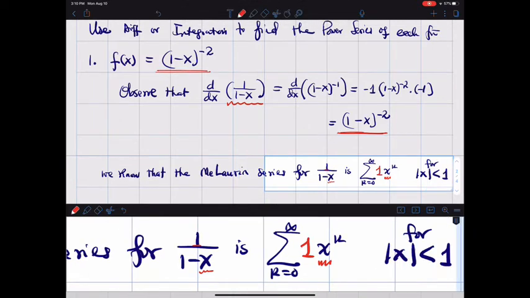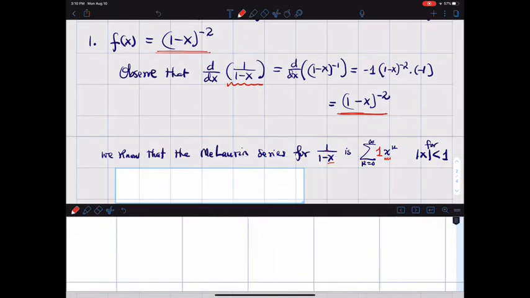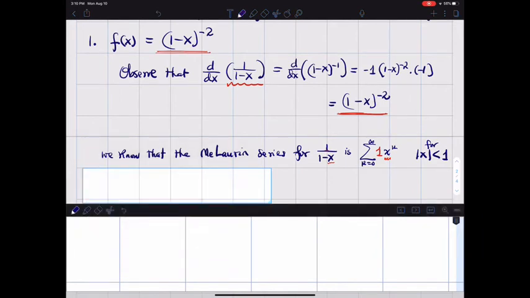And this converges when the ratio, in this case x, is between -1 and 1. So I felt like I just rambled a whole lot in the past 1 minute.